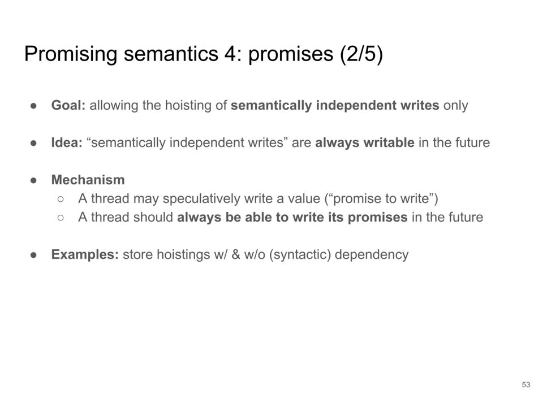So how do we do this? As I said, the mechanism is that we allow a thread to speculatively write a value. In other words, a thread may promise to write. And the thread should always be able to write its promises in the future. For example, if it has promised to write x equals 1, it needs to be able to fulfill the promise by actually storing x equals 1.